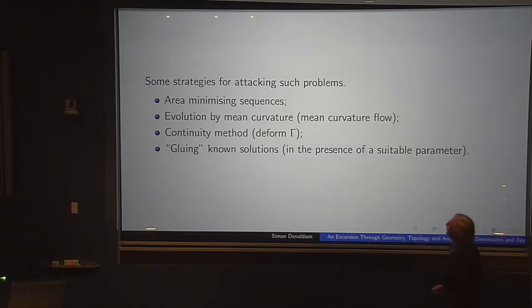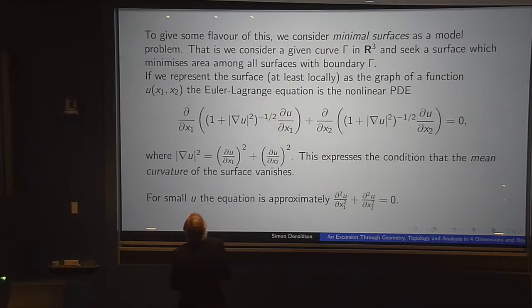Another thing one might try is what's called evolution by mean curvature, or mean curvature flow. I think I forgot to say, it was written down, but I forgot to say it. This equation geometrically expresses the vanishing of what's called the mean curvature of the surface. The surface might be curving a certain amount in one direction, a certain amount in the other direction. You take the average of those to get the mean curvature.